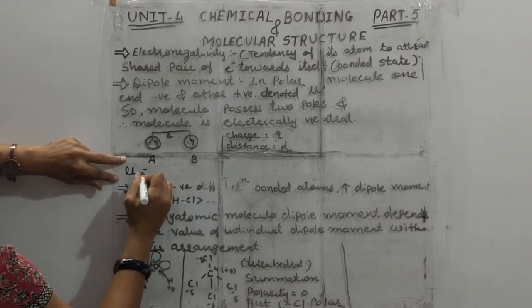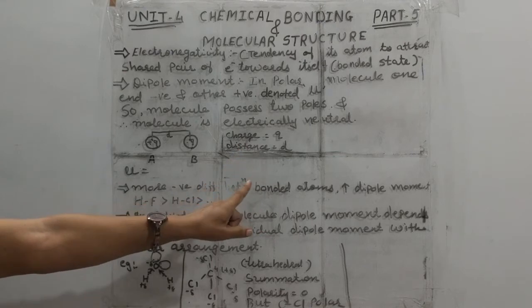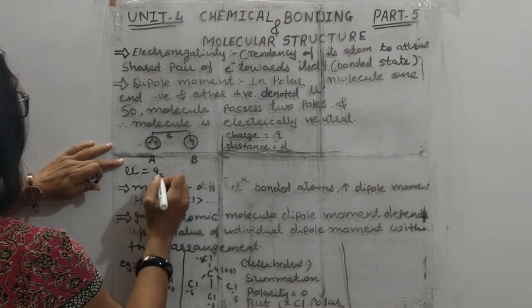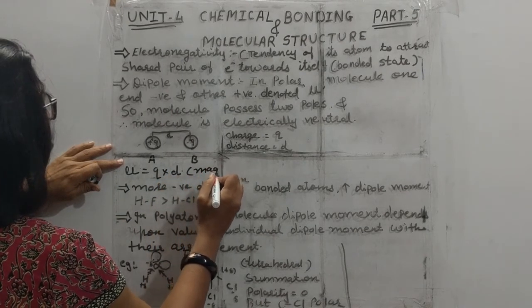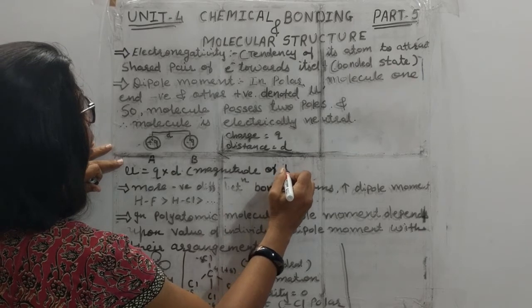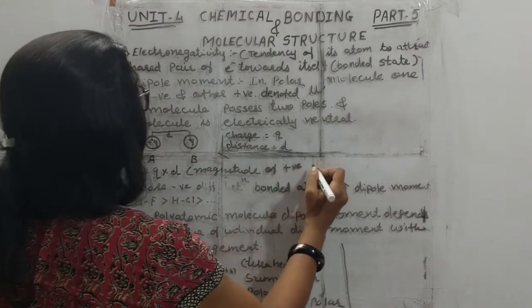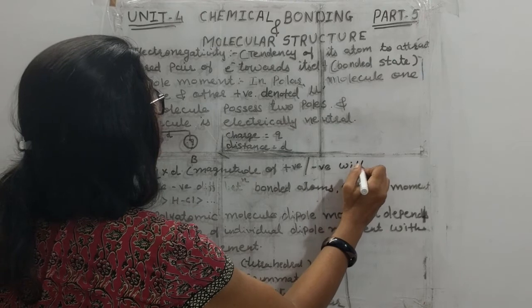So mu is equal to the product of Q into D. The product of charge and distance is what we call the dipole moment. So the magnitude of Q into D means the magnitude of positive charge or negative charge with distance.